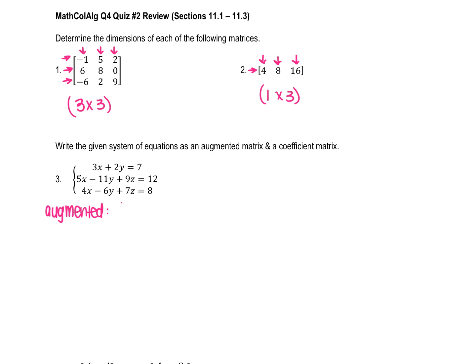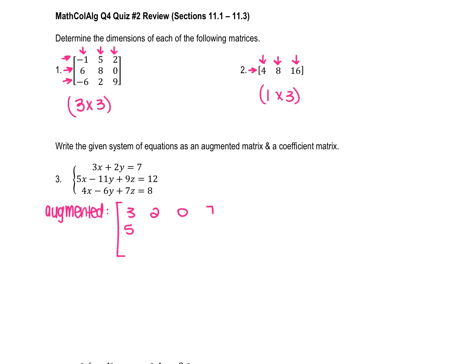So for your augmented matrix, we're going to start with the first equation, the 3x plus 2y is equal to 7. You write down your coefficients first, so that's 3, 2, and 0, because it does not include the z. That 7 will go last. Next equation, you have 5x minus 11y plus 9z is equal to 12.